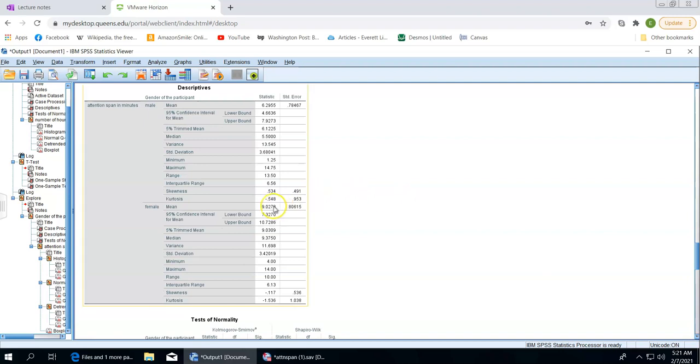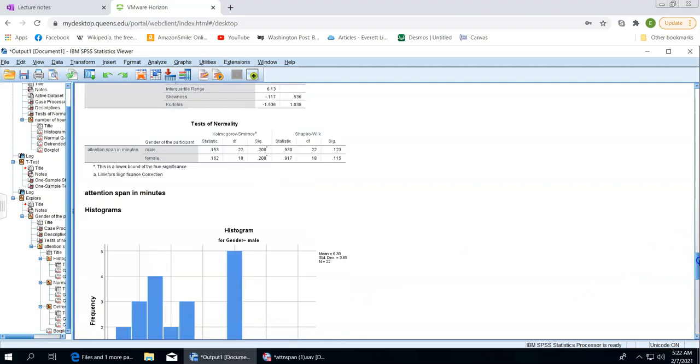All right. So for the male children, we've got a skewness of 0.534 and a kurtosis of negative 0.548. Those look good. For the female children, we've got a skewness of negative 0.117 and a kurtosis that looks a little platykurtic, negative 1.536.